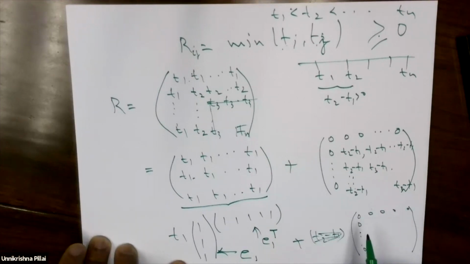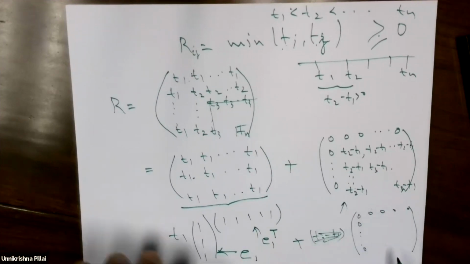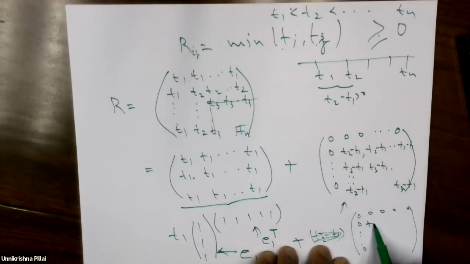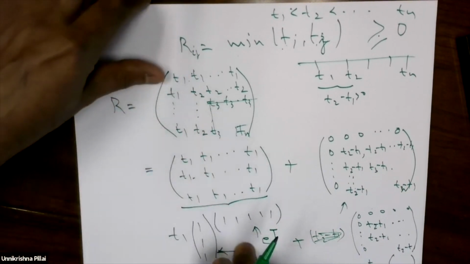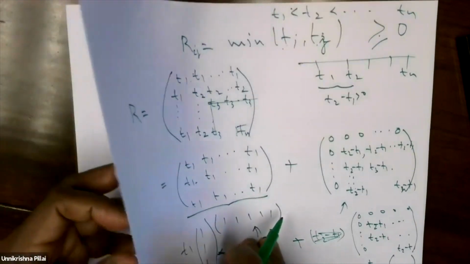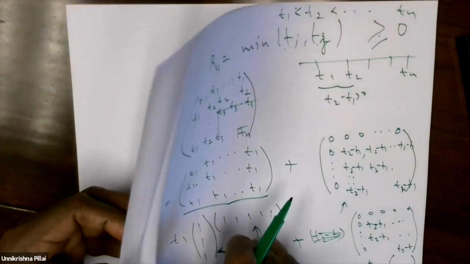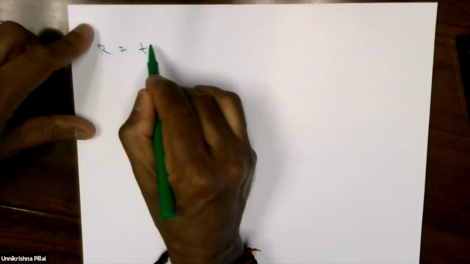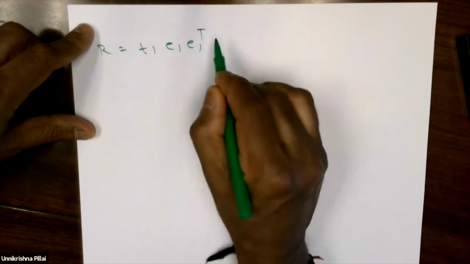What I mean to say is, let me go to the next page. In this matrix, you write it as T2 minus T1 everywhere, the same entry, plus another matrix. So capital R, we saw that we can write as T1 multiplied by E1 E1 transpose.